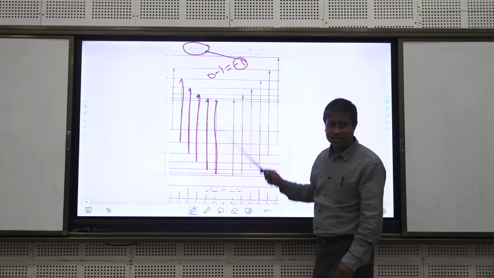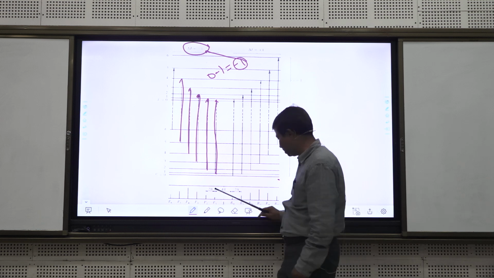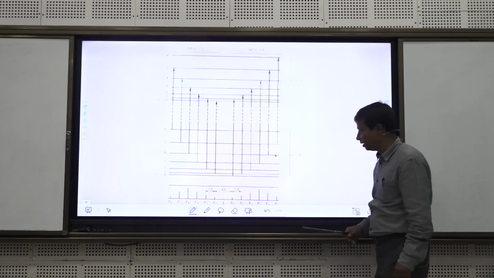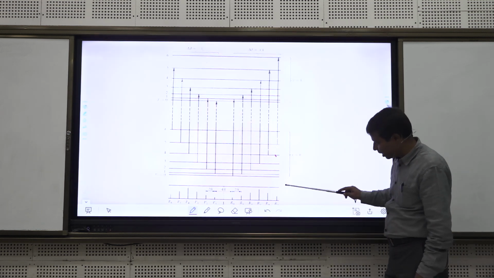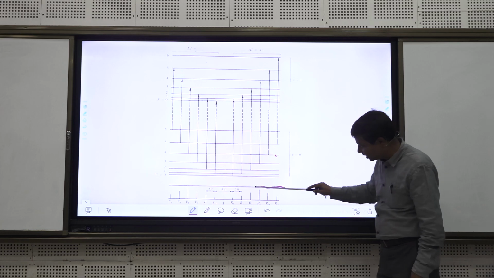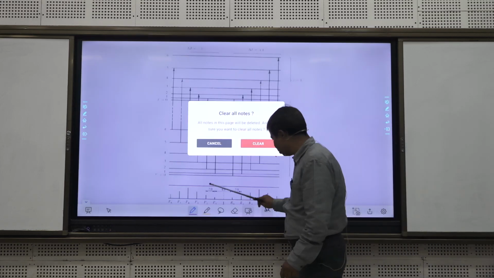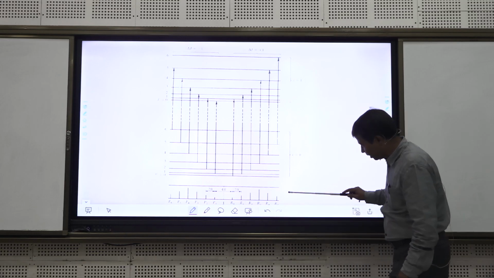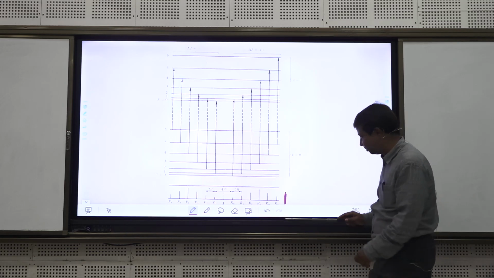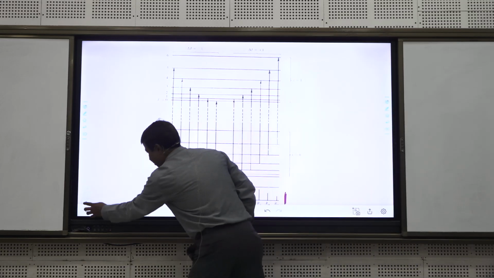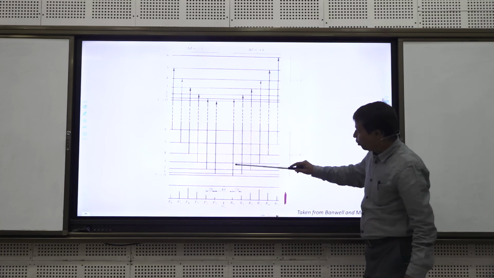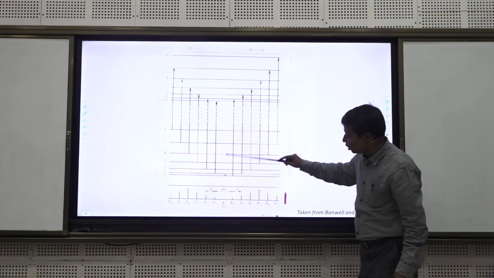Now let us see what happens on the spectrum side. This is the spectrum. There is a line here, there is a line here. This is the transition spectrum. There is no transition between 0 and 0.